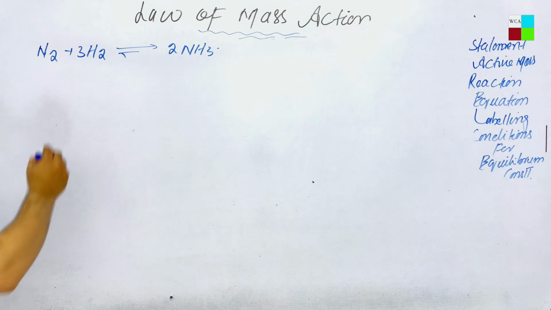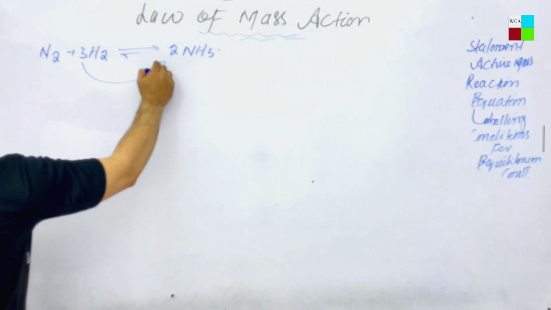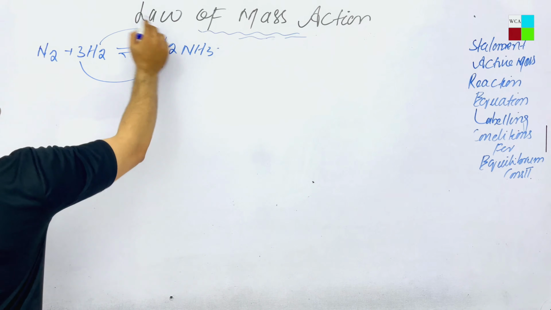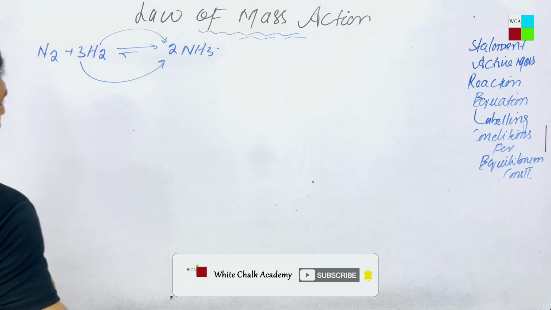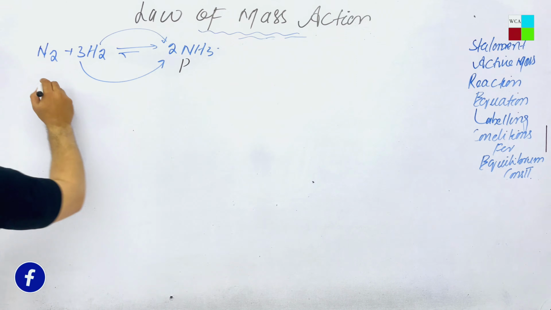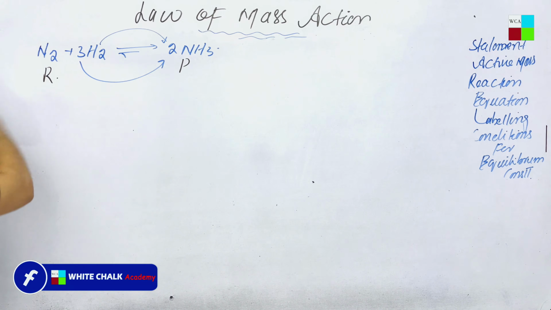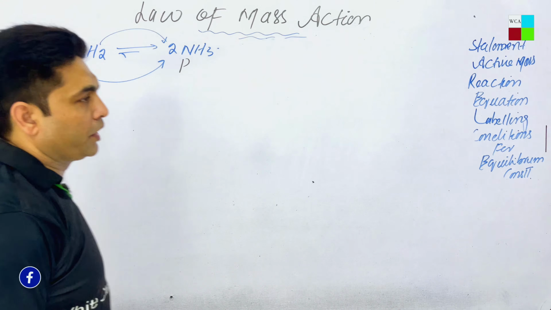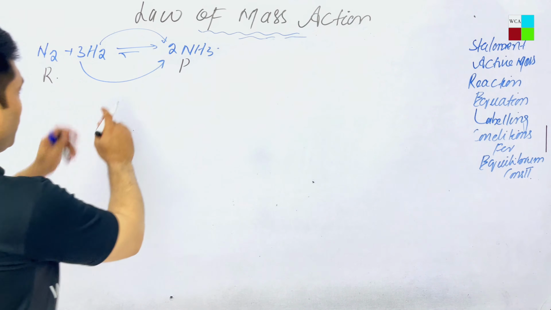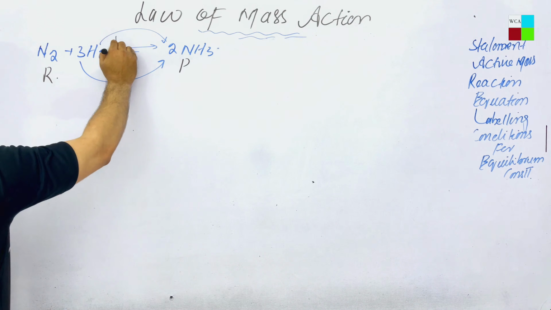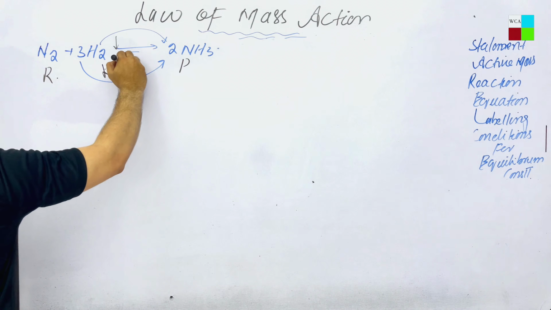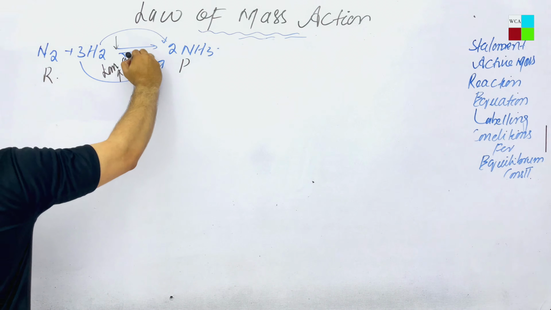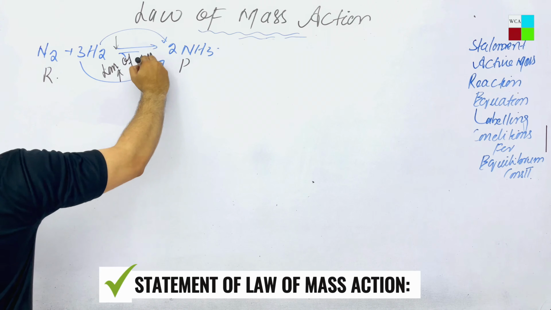On the right-hand side we have ammonia, which is our product, and on the left-hand side we have nitrogen and hydrogen, which are our reactants. So the law of mass action is basically a general relation between these left and right-hand sides.